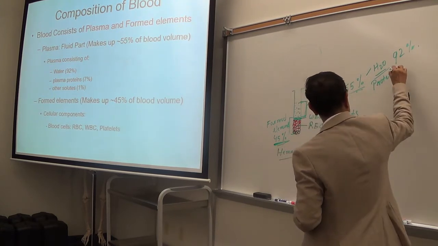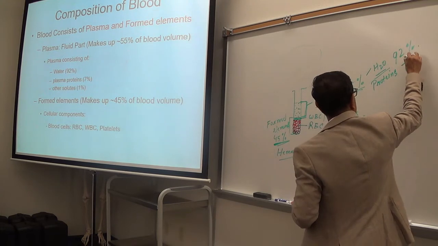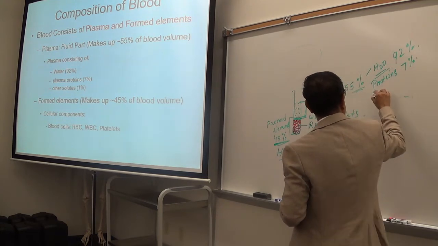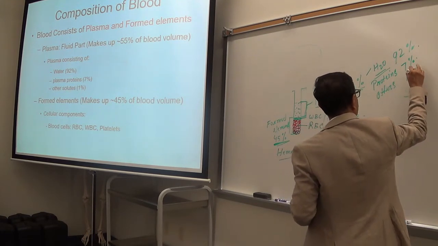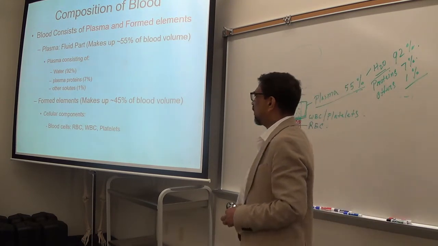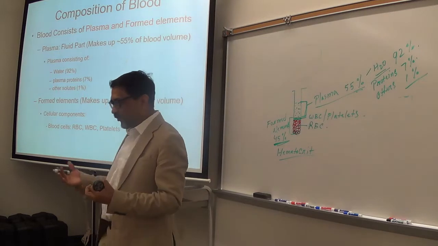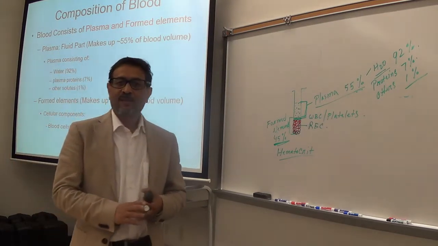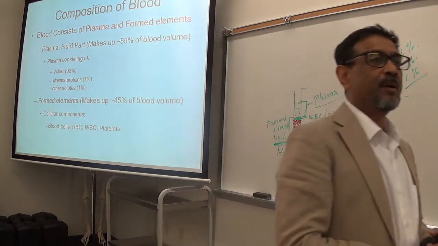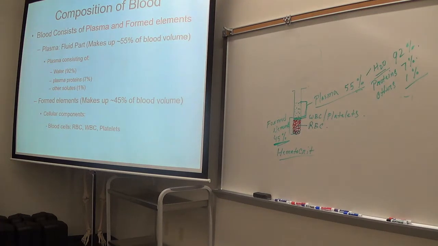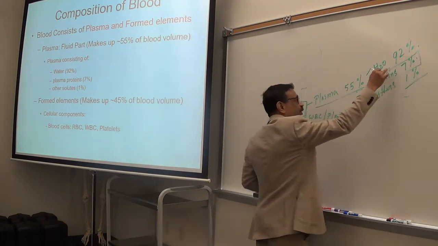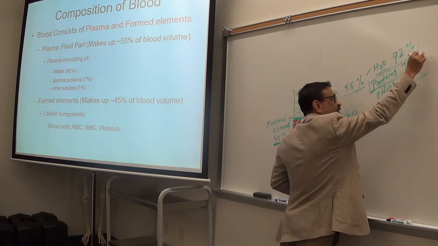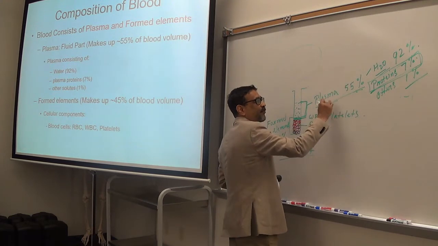Proteins in the plasma gives about 7% volume, and other chemicals 1%. Okay. So in the plasma you have water 92%, proteins 7%. So these proteins are called the plasma proteins because they are in the plasma.